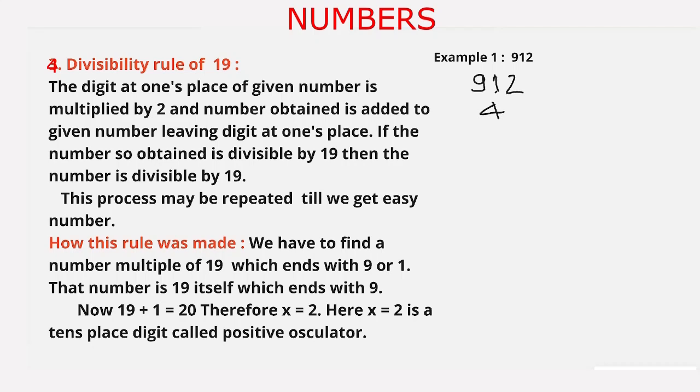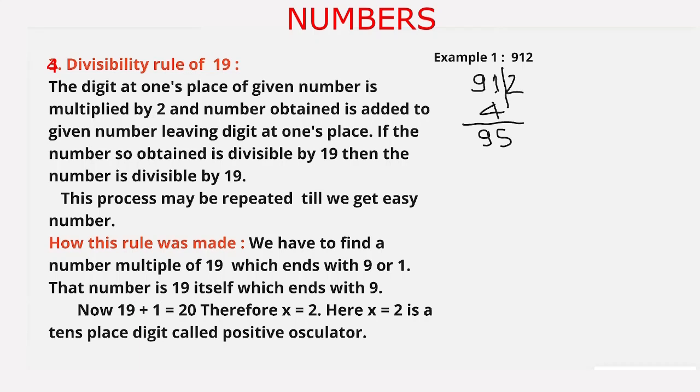And after leaving the units place digit, we add this 4 to the remaining part of the given number, and 91 plus 4 is 95. And we know that 95 is divisible by 19, as 19 times 5 is 95. Therefore, the given number 912 is divisible by 19.